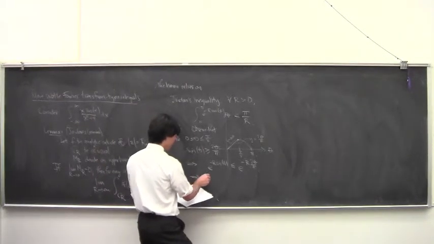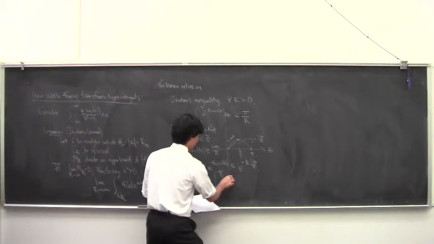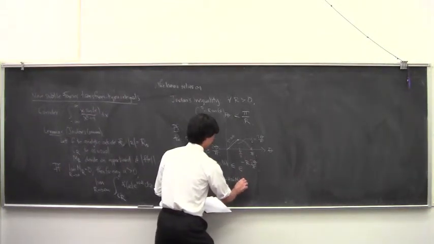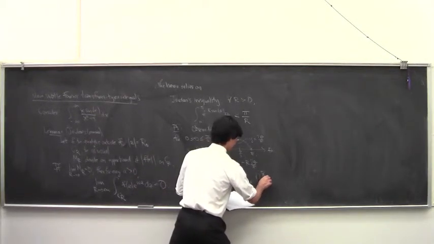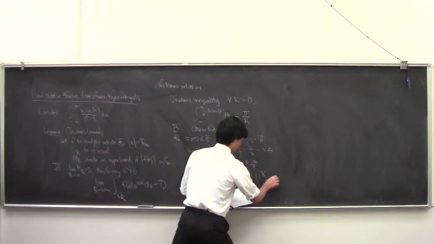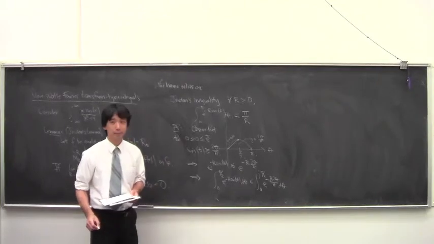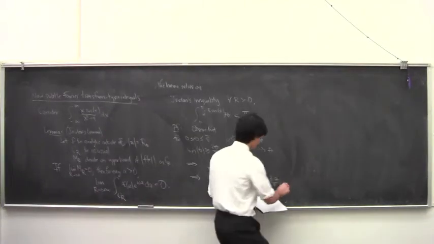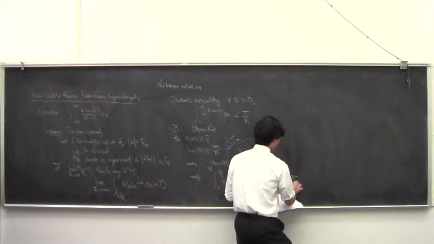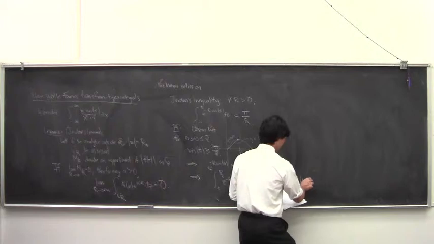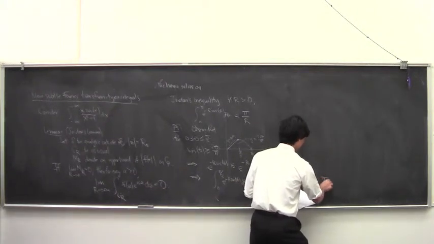And so the integral of the left guy is smaller than the integral of the right guy. Okay. When you evaluate the right guy, you get pi over 2r times 1 minus e to the minus r, which is less than pi over 2r.